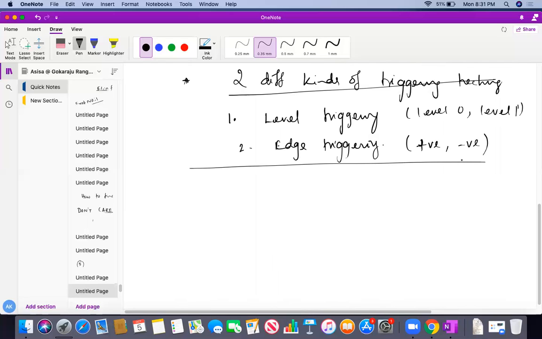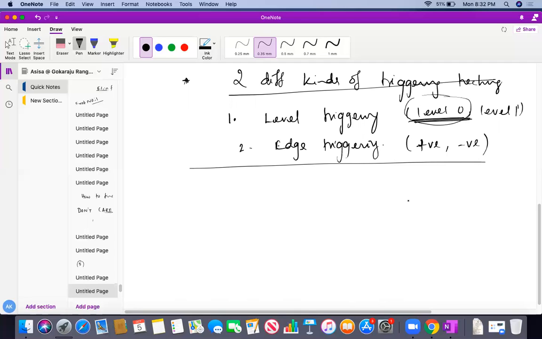Now see here, level triggering: if it is a level 0 triggered flip-flop, then in this level 0 any change in the flip-flop inputs, the actual flip-flop inputs, please try to understand what the actual flip-flop inputs are. S, R and clock are the actual inputs of the SR flip-flop. Similarly, J, K, clock are the 3 actual inputs of the JK flip-flop.